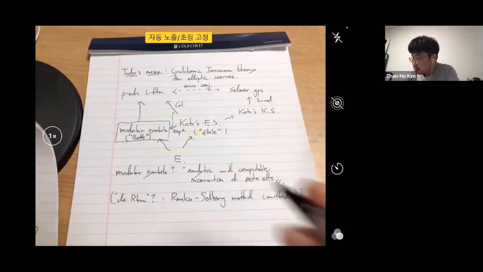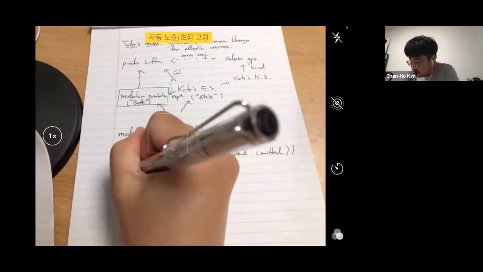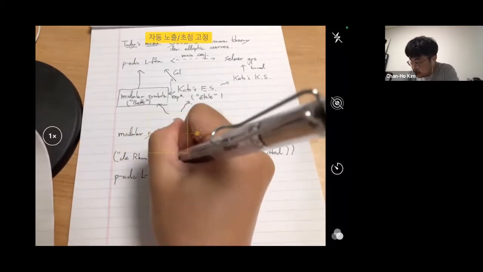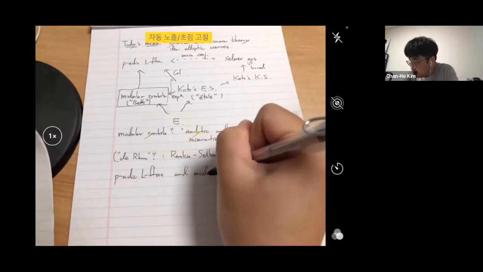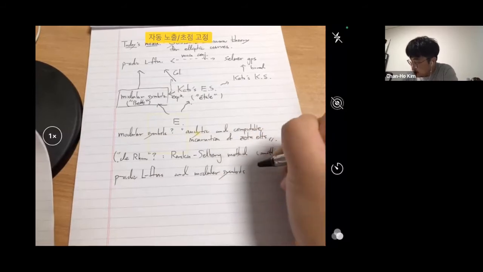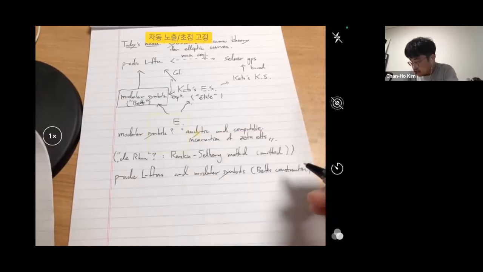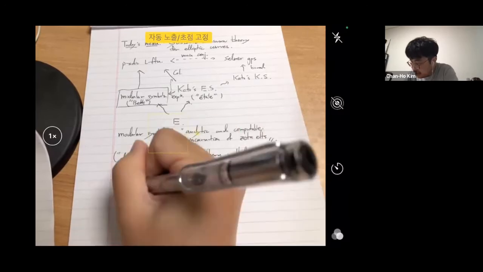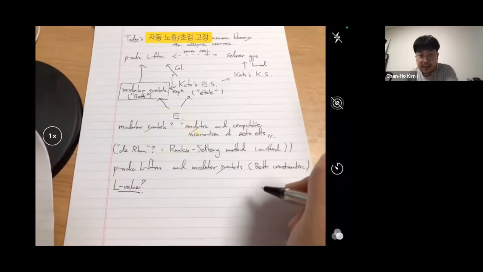Okay, so p-adic L functions and modular symbols. That's the construction. What are the L values, and where do they come from?